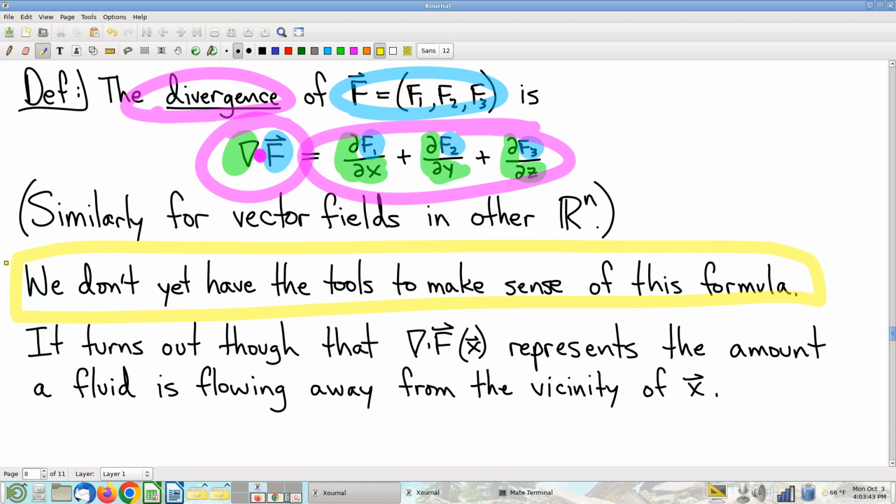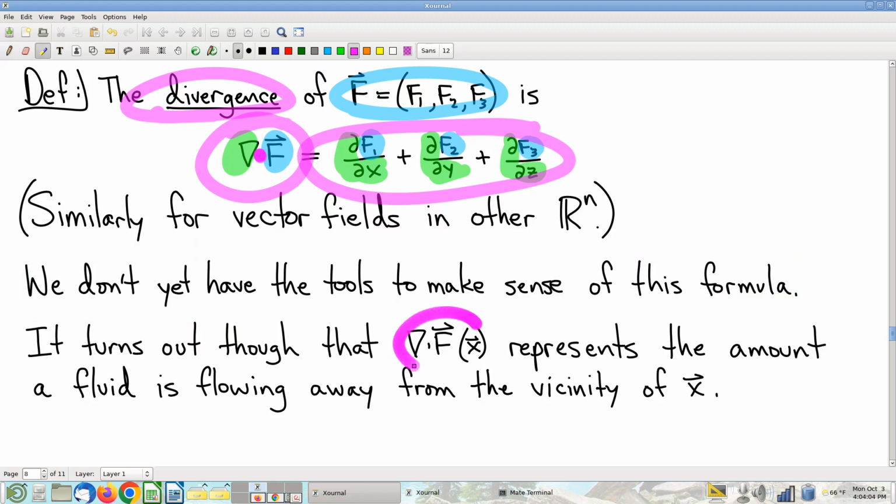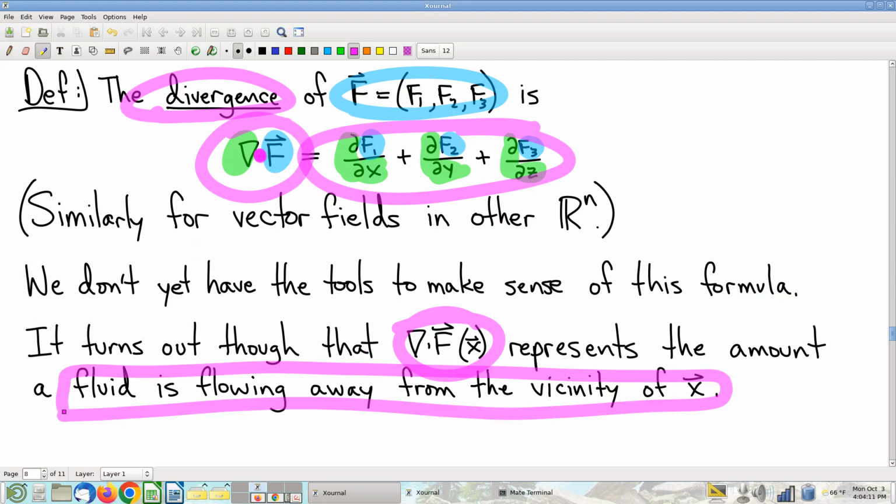For the moment, I'm going to make a very hand-wavy claim, supported only by a couple of examples, and that's really all we can do. So that said, apologies made. Here's what divergence represents. Divergence represents, in some sense, how much a fluid is flowing away from wherever you're evaluating the divergence.